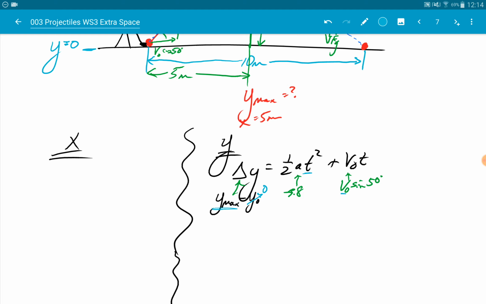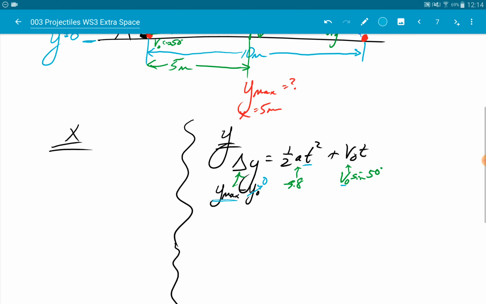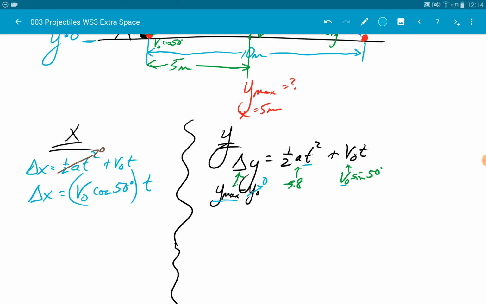Well, I'm kind of running out of ideas here in the vertical dimension, so let's go over to the x dimension. I know that delta x is 1/2 at squared plus v naught t. And I also know that the acceleration in the horizontal dimension is 0. Nothing's pulling or pushing it that way. And so I have delta x is equal to, now the original velocity in the x dimension is v naught cosine of 50 degrees multiplied by some time there.